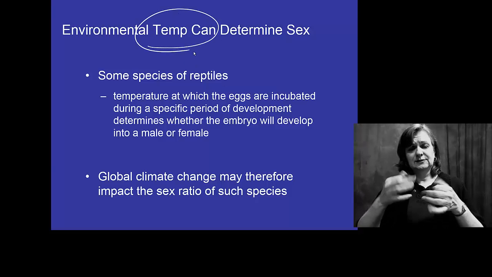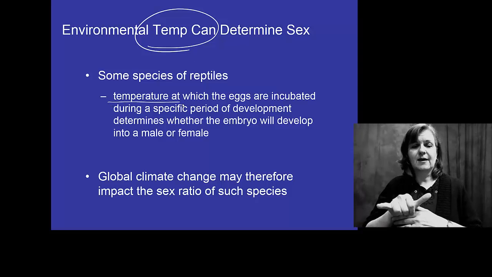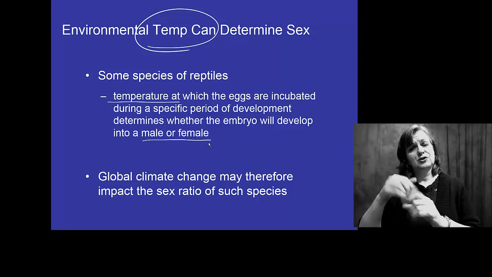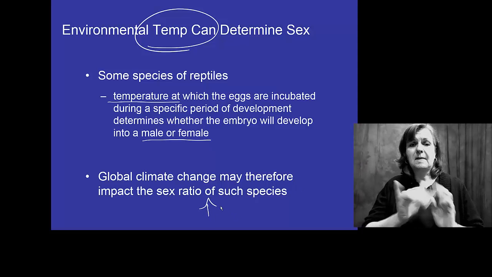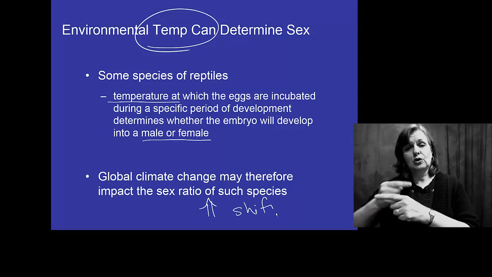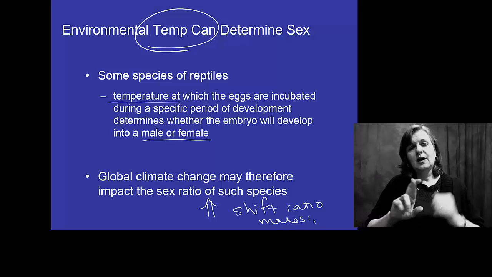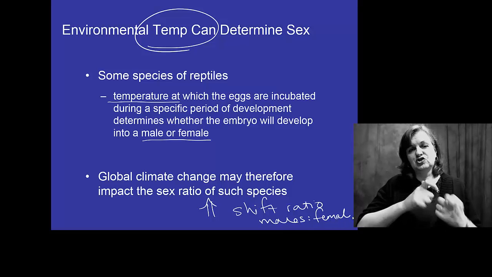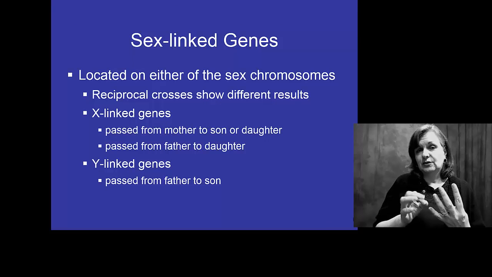And so we can actually look at particular temperatures in nature to determine whether or not the eggs will be male or female. We're worried about this because as global temperatures increase, we're actually seeing a shift in the ratio of males to females. We've talked about this before as being a problem with mate selection, and we'll talk about it more when we look at ecosystems.